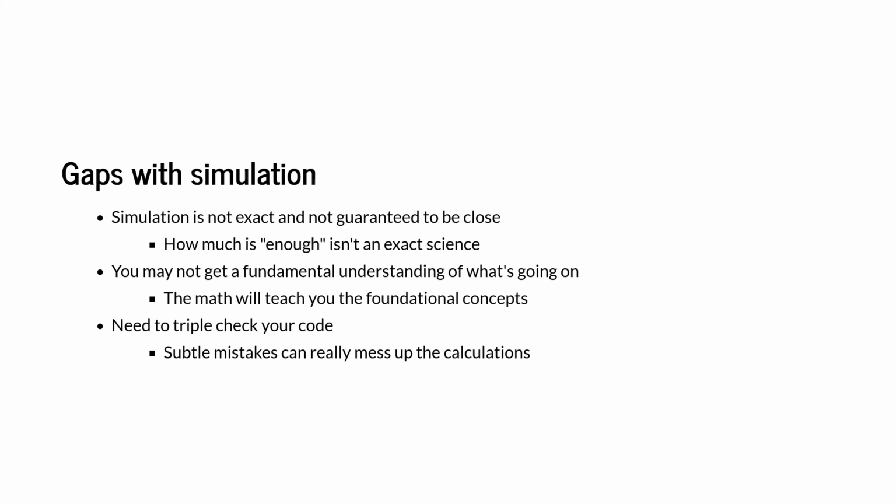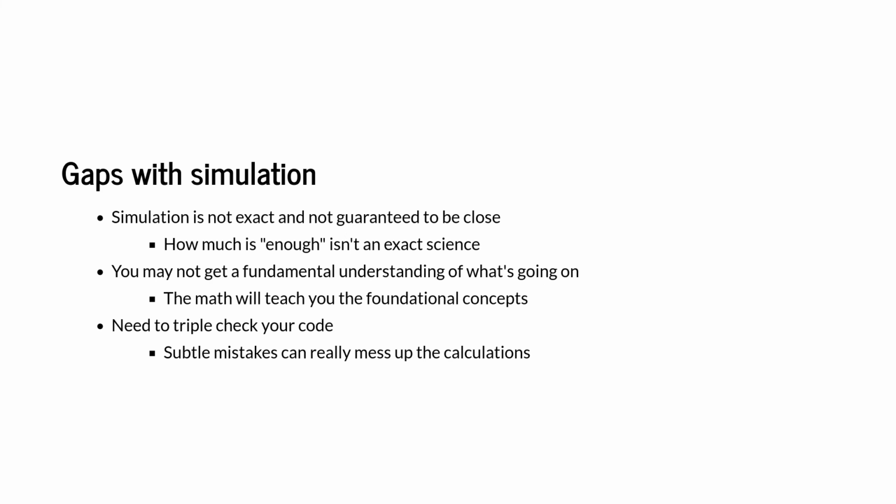With simulation, you also don't get a fundamental understanding of what's going on. The great part about math is once you unlock your understanding bit by bit, you gain these building blocks to build more and more complex intuitions up in a sort of cohesive and consistent framework. Simulation doesn't give you that cohesive and consistent framework, which is why the math is still very important, and the math is still the fundamental thing to try and get at.